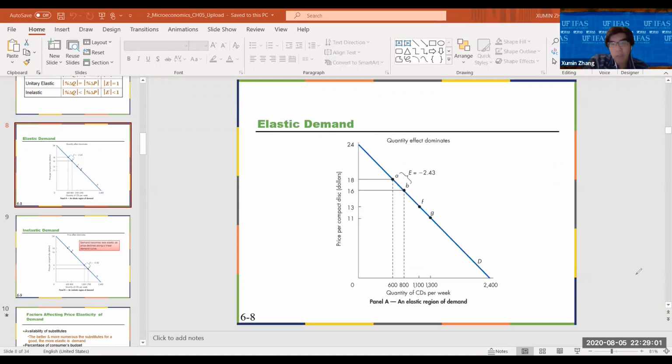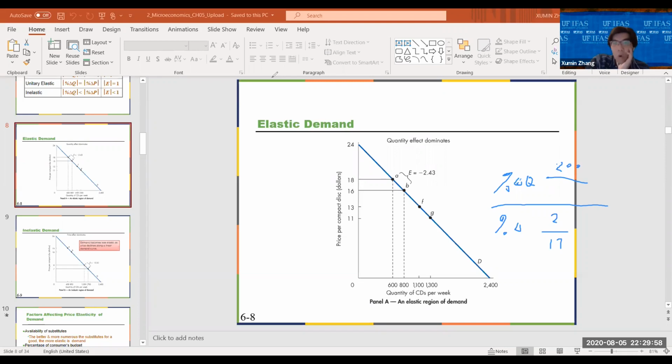So we have the percentage change of quantity, which is the change from A to B. Coming back again, if we're talking about the percentage change of quantity, this is 200, with the change being 200 out of 800, right?